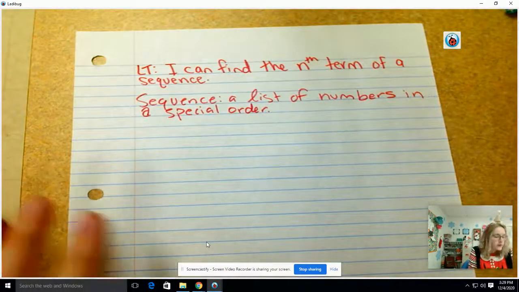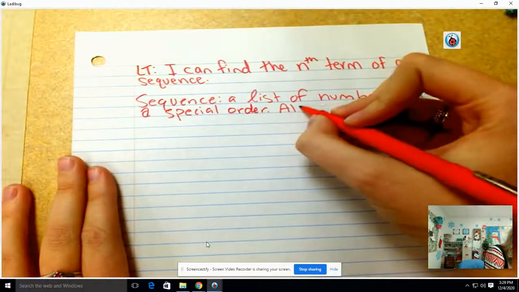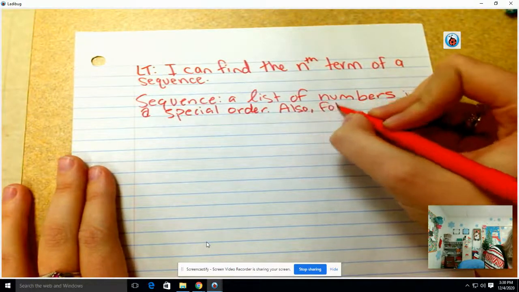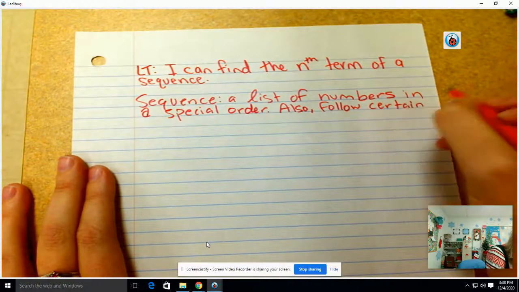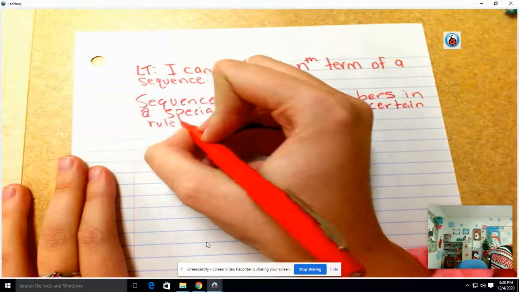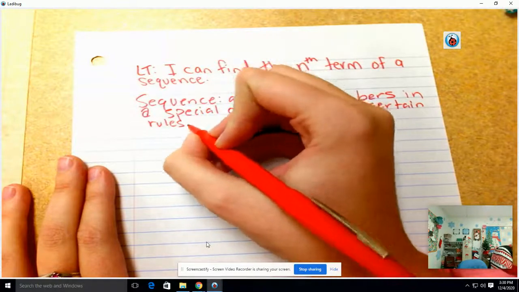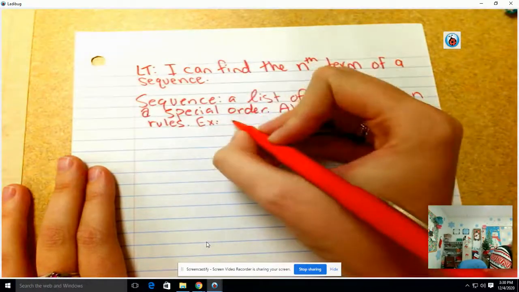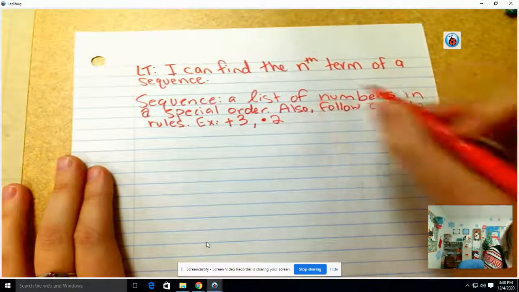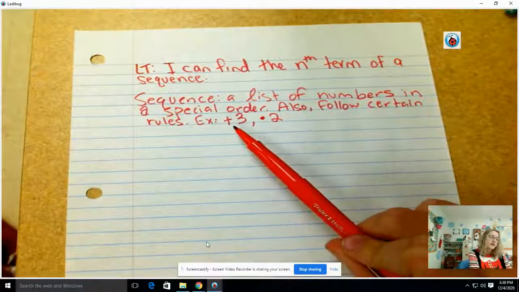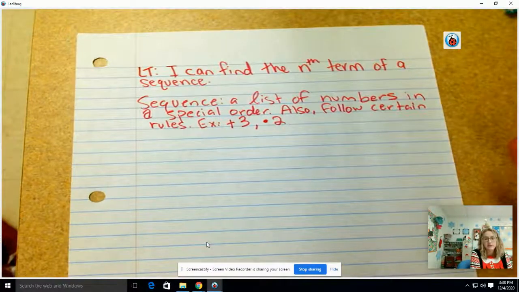Sequences also follow certain rules. For example, going up by 3 every time or being multiplied by 2 every time. We'll be dealing with both addition and multiplication throughout this unit. That's why I did those 2 examples.